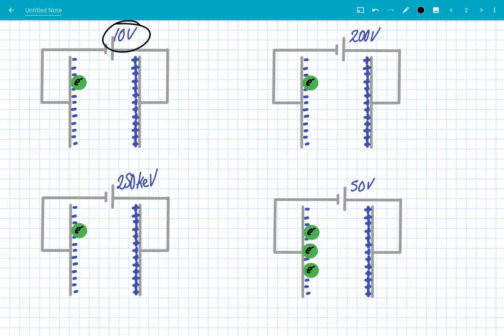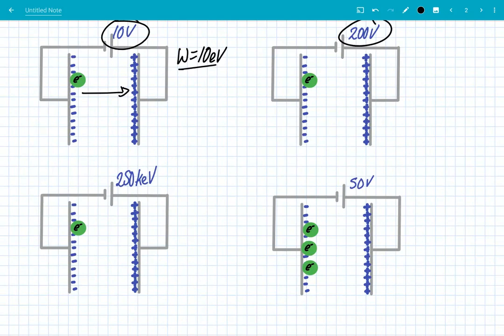So if we have 10 volts, we're simply going to have an electron gaining 10 electron volts, I should say, of kinetic energy. If you use 200 volts, you get 200 electron volts of kinetic energy. Similarly, if you have 250 kilovolts, you're going to get 250 kilo electron volts of kinetic energy by the time this electron reaches this positive plate.